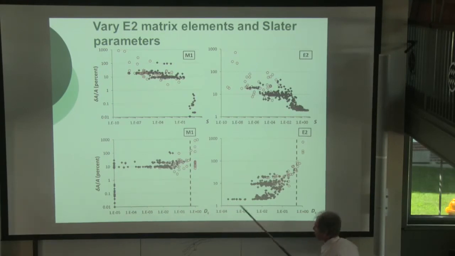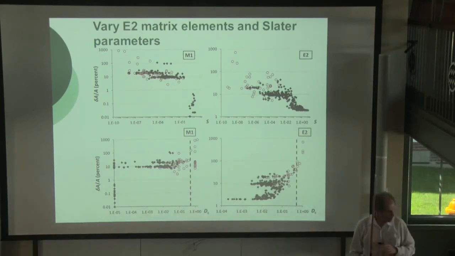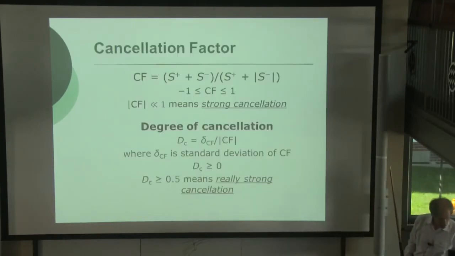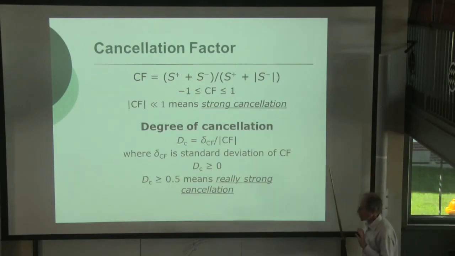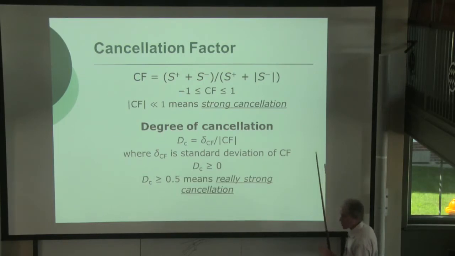And basically the reason for that is that cancellation happens when your transition rate is calculated as a small difference between two large quantities, right?